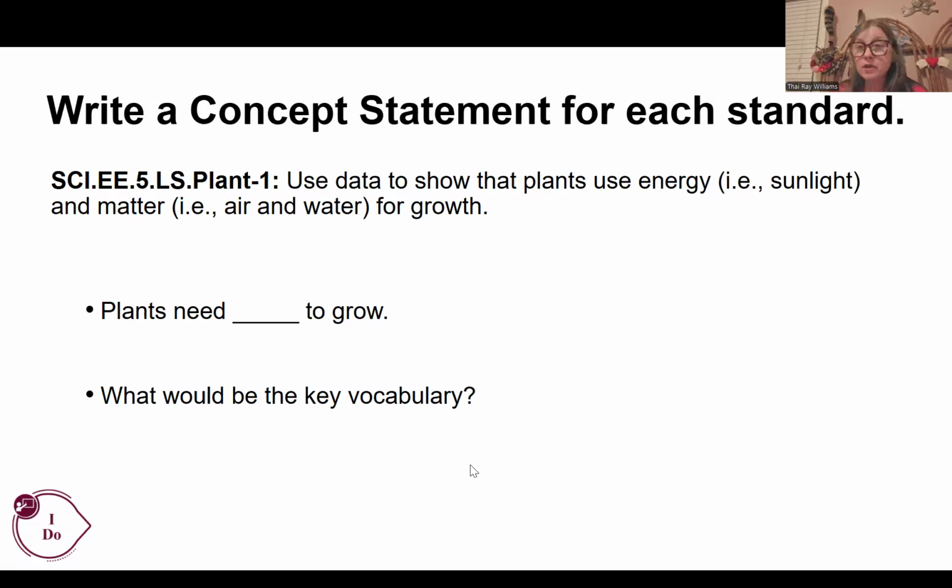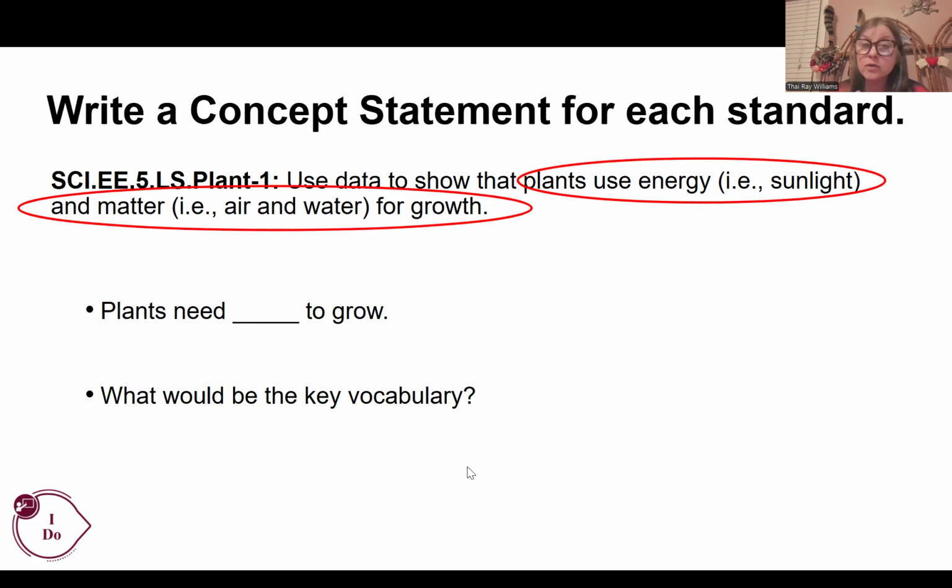Now, the first thing I ever do when I look at a standard, and this is what you should do every single time, is I break it down to see what it's talking about. Obviously we know they're going to be collecting data because it's saying they're going to use it. And what are they going to be collecting data on? Something related to plants using energy in the form of sunlight and something related to plants using matter, air, and water for growth.